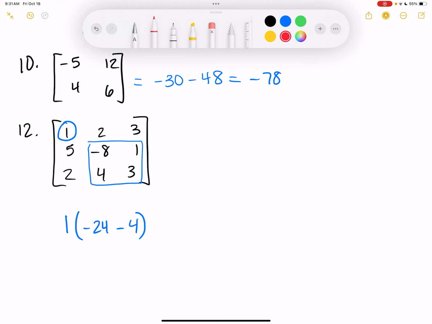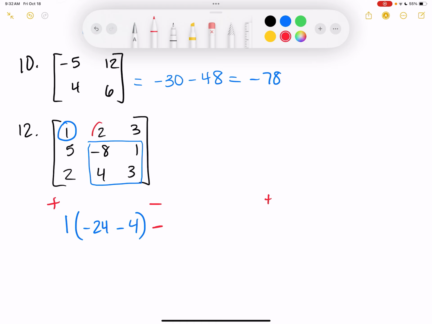Now, the signs are always going to be positive, negative, positive. They alternate. If it was a 4 by 4, the next one would be negative, and it just keeps going like that. So whatever sign is on this one, it's going to be the opposite sign. If it started negative, it's going to be positive, but since it's starting positive, it's negative.